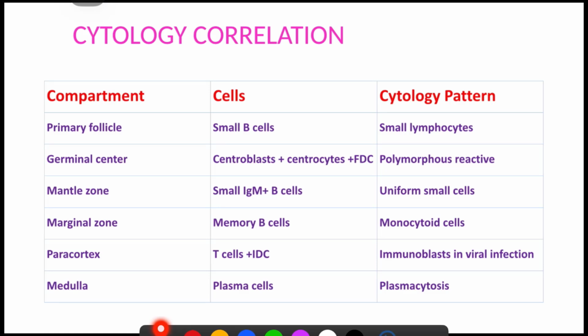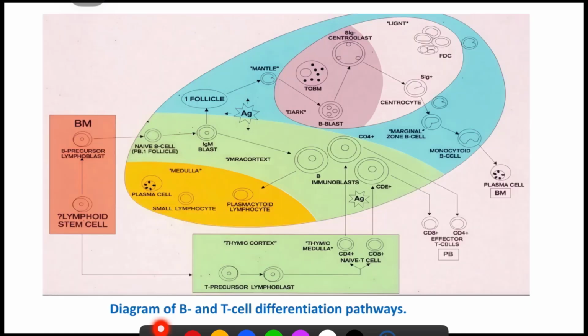So, now why are these different types of cells there? How do they mature or differentiate? Let's see in this diagram. If you understand this diagram or differentiation pathway, you can easily identify centroblasts and centrocytes, and the significance behind an increased number of these cells in cytology. You can judge, right? So, let's see the origin, function, and dynamics of these cells.